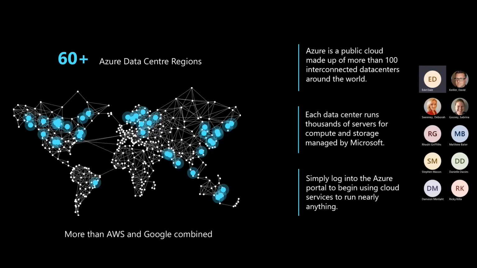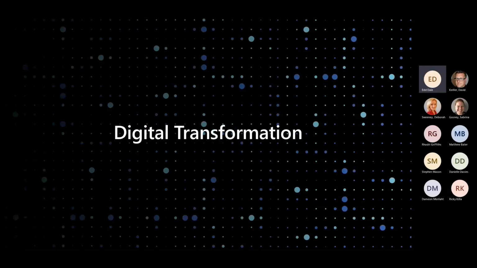Now, why do all this? Well, it does come down to things such as digital transformation. Now, digital transformation is one of those topics which I'm sure we've heard a lot about in the past. A lot of LinkedIn posts and everything, especially during COVID, around how organizations are digitally transforming to meet the needs of the world today.